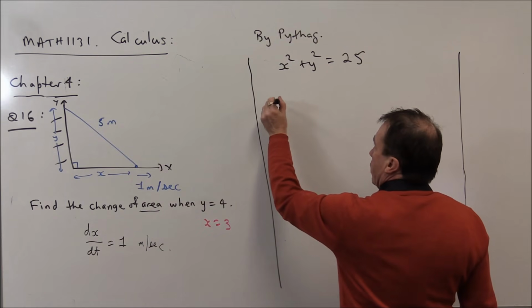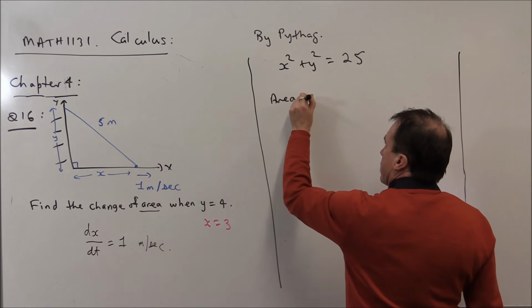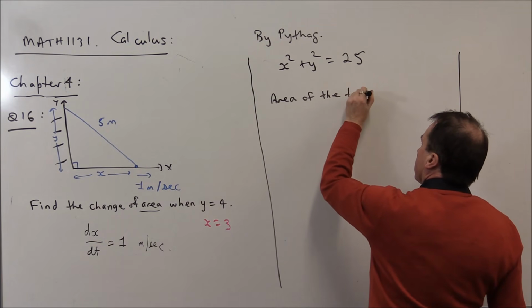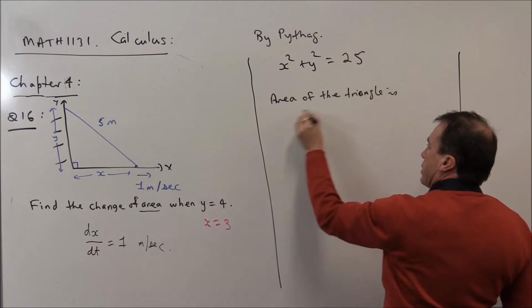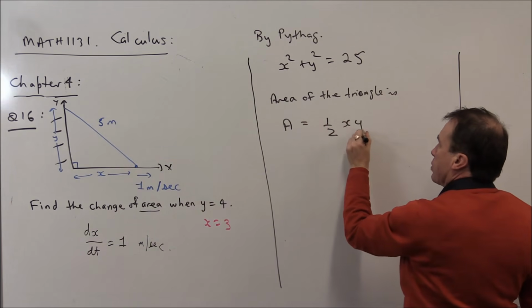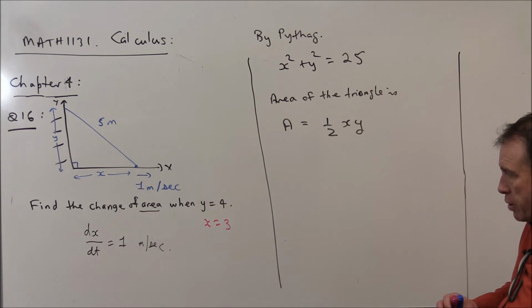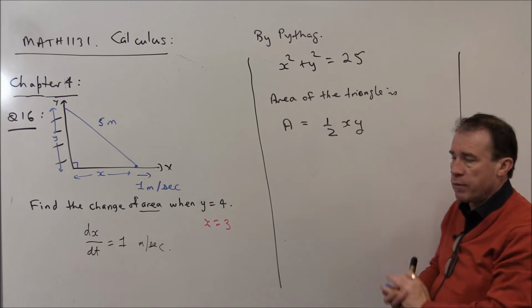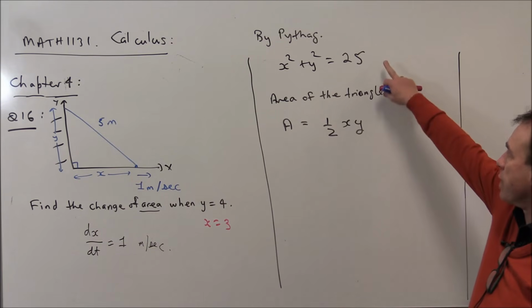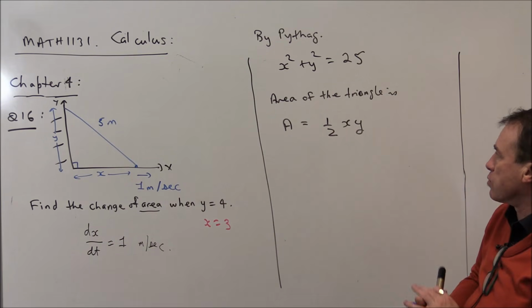So I need to write down the area of the triangle, I'll call it A, and that will be 1/2 x times y. So what I'm doing so far is writing down all the bits of information out of the problem and writing down some formulae. So Pythagoras gives that, and that's the area of a triangle.